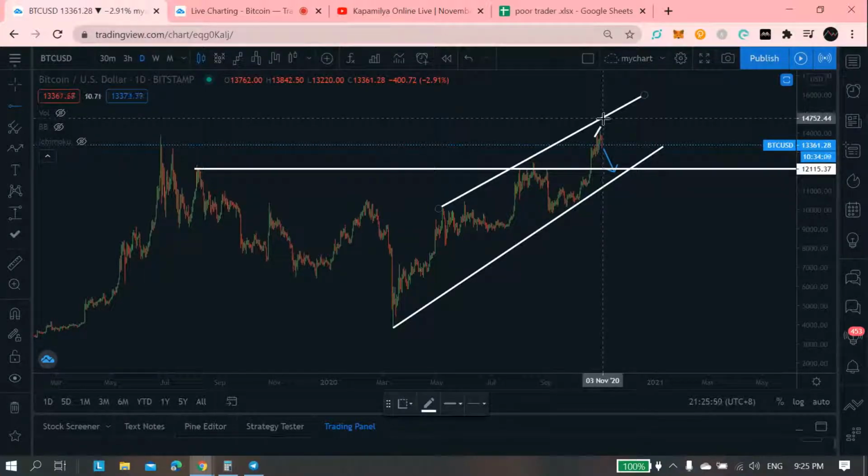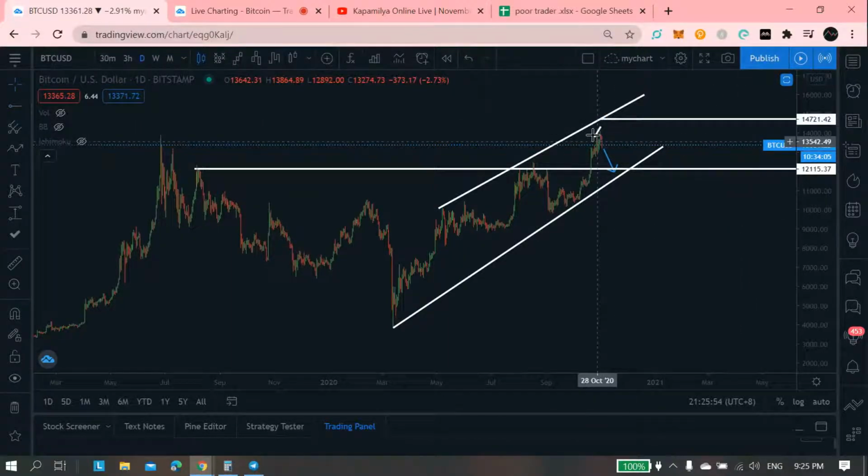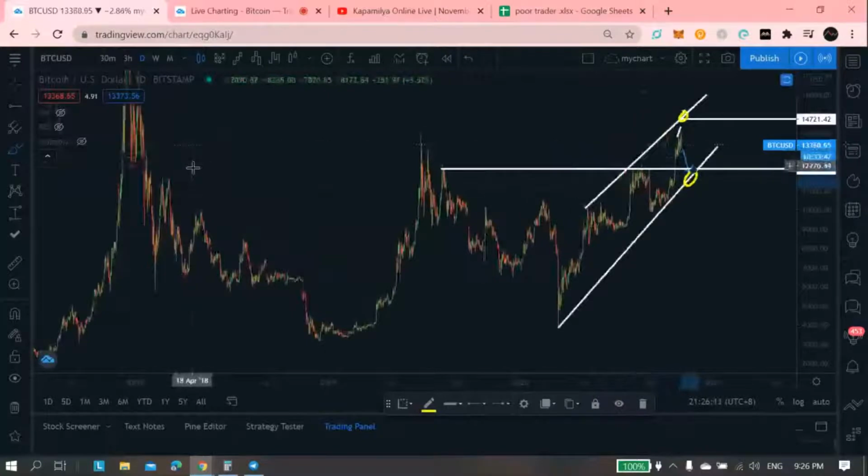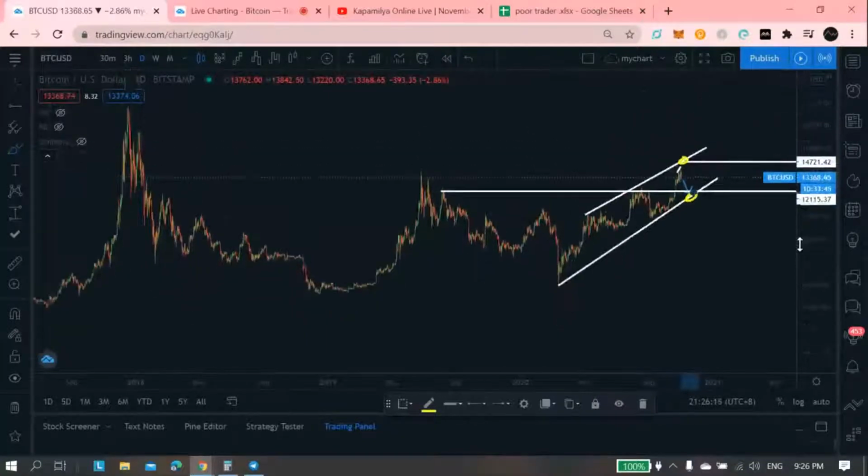This is daily time frame, so possibly this area, or uptrend resistance, and of course the downtrend support. So that's what I'm expecting for Bitcoin.